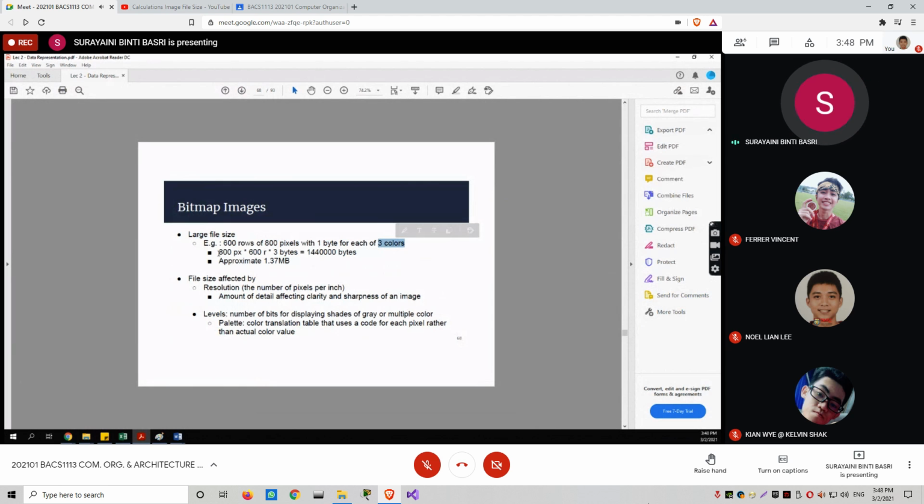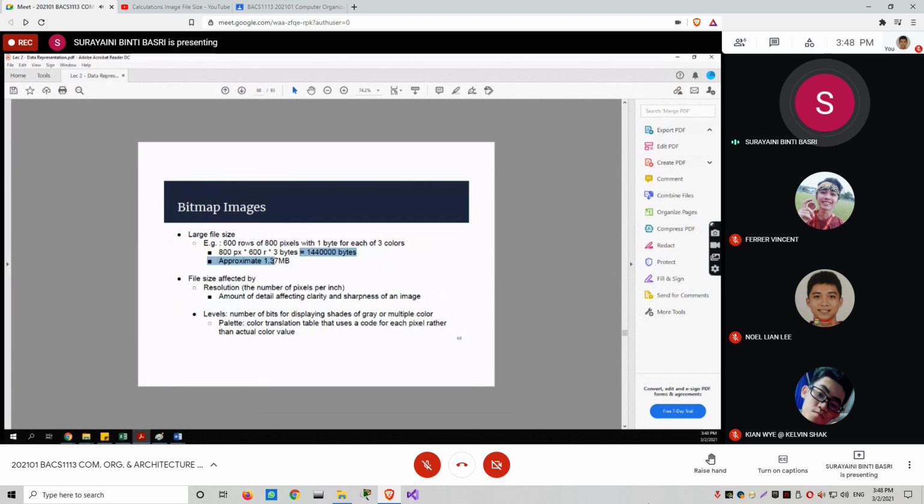So the data that will be stored in 1 pixel is equal to this number. Because there are 3 bytes in 1 pixel, because there are 3 colors, we need to multiply by 3. So the approximate value is 1.37 MB.